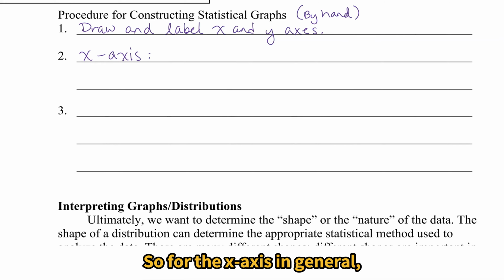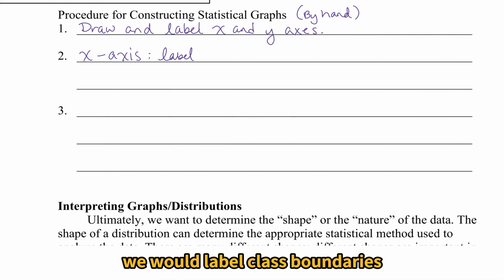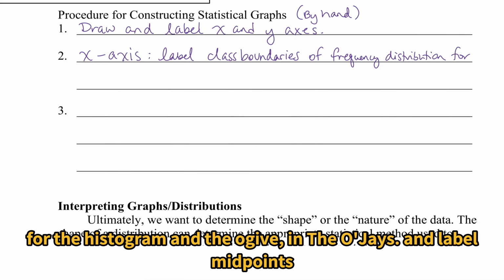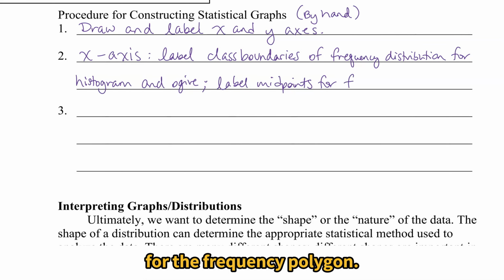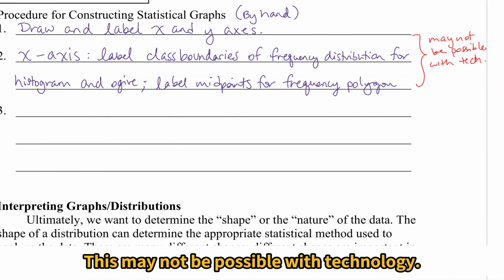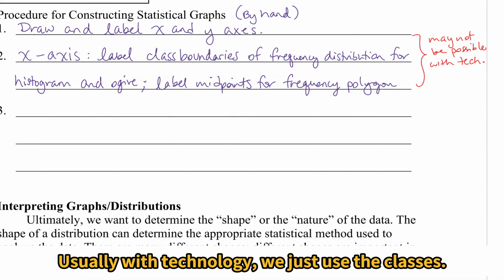So for the x-axis, in general, we would label class boundaries of the frequency distribution for the histogram and the ogive, and label midpoints for the frequency polygon. And I'm going to write a little note here on the side. This may not be possible with technology. Usually with technology, we just use the classes.